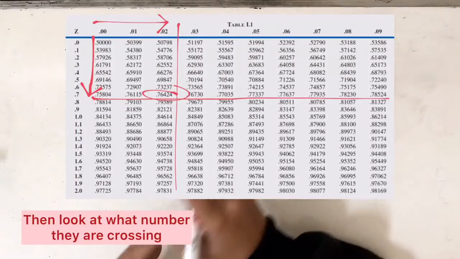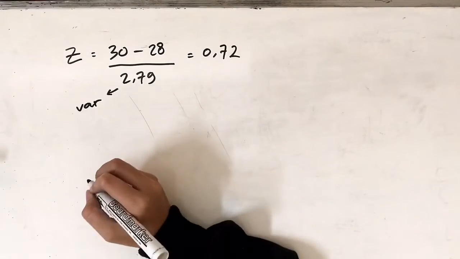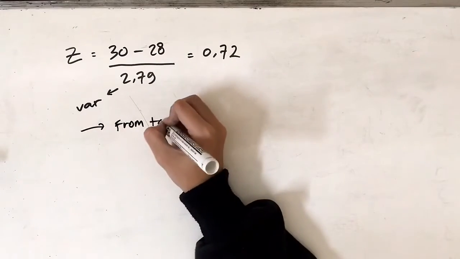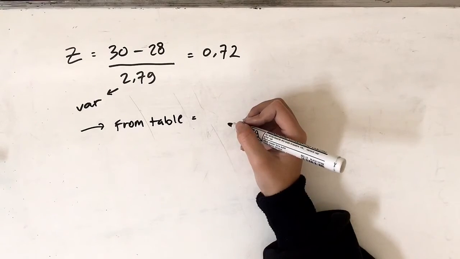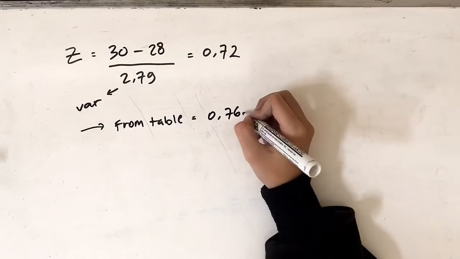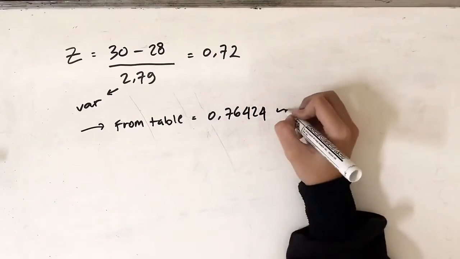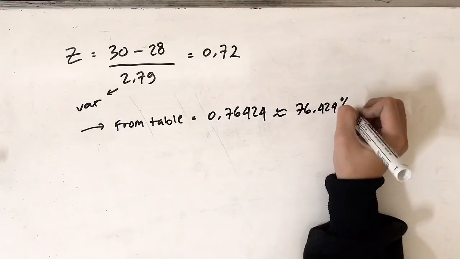Then we find where they cross, and it's 0.76424, or 76.424%.